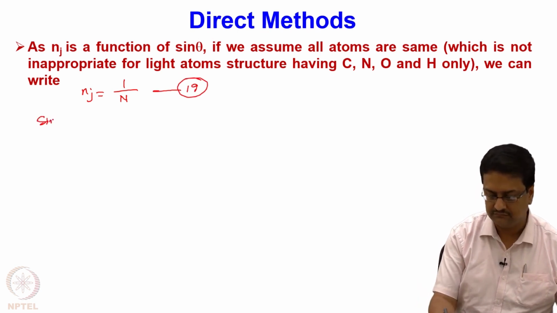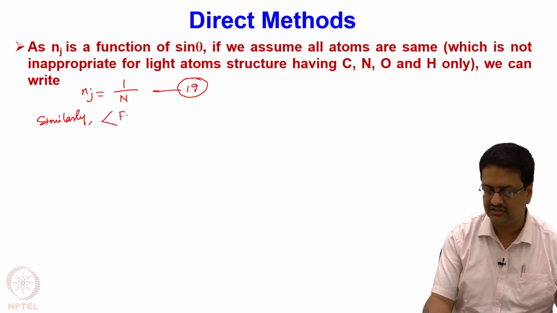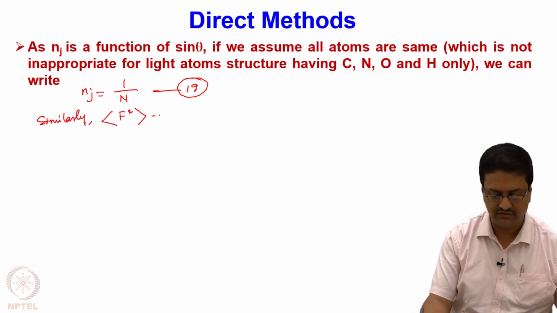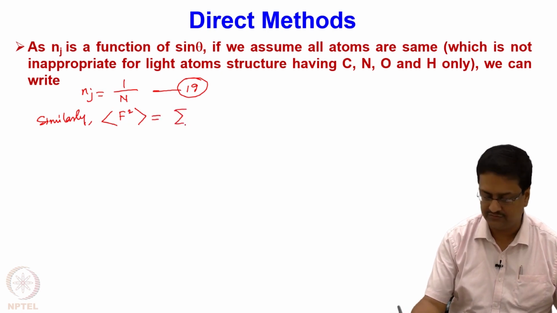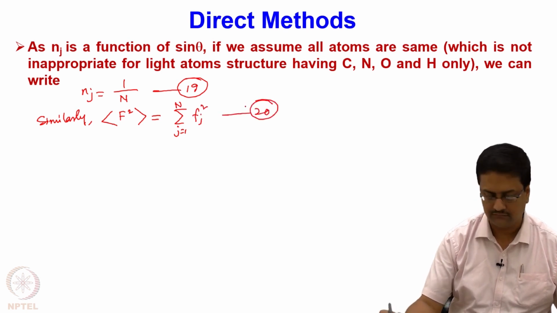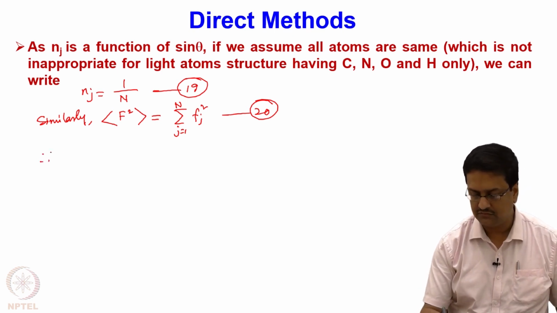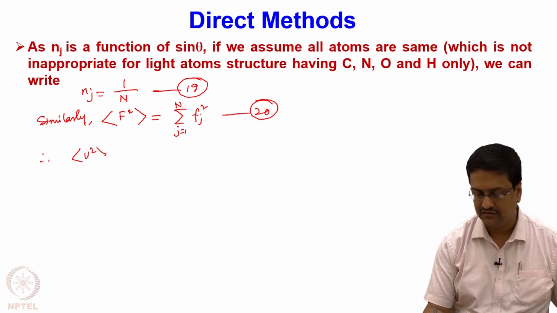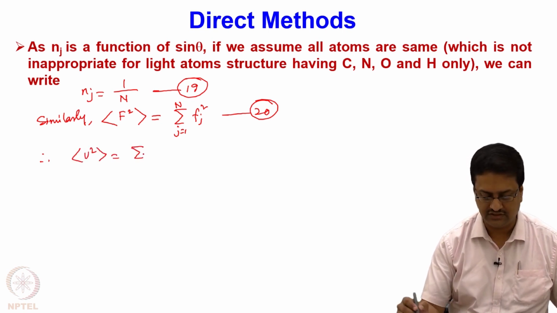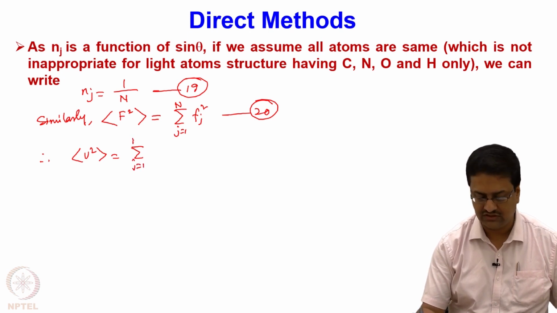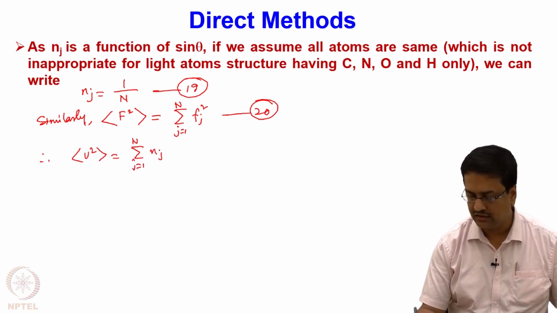Similarly, the expectation value of f square is equal to sum over j equal to 1 to n fj square. So the expectation value of u square is given as sum over j equal to 1 to n nj square.